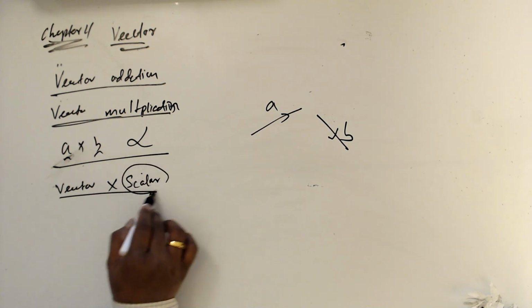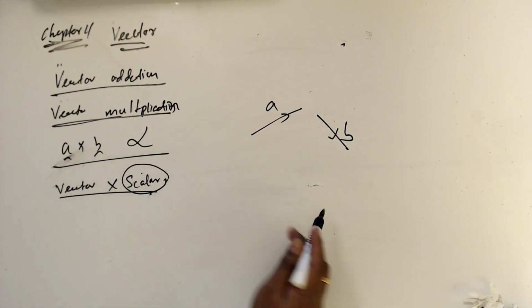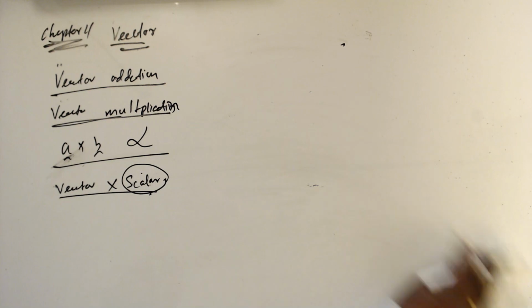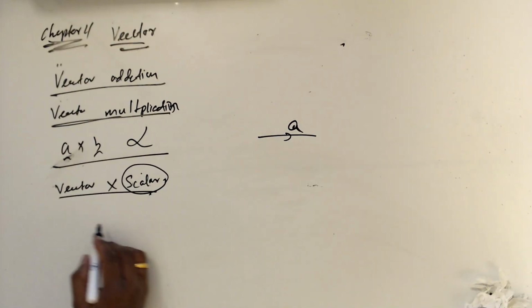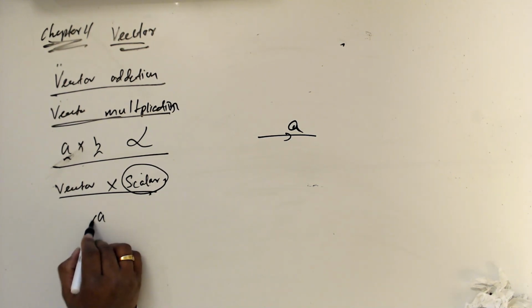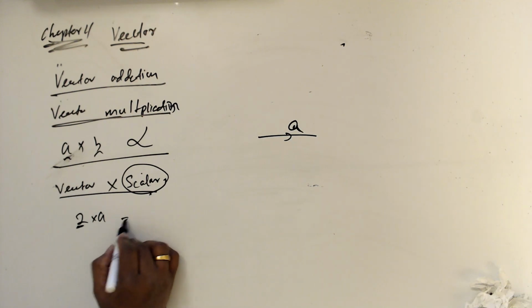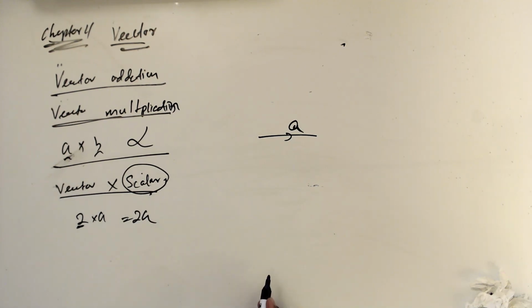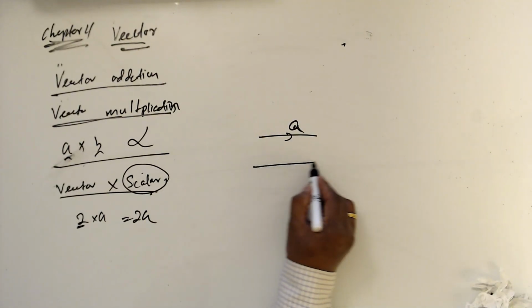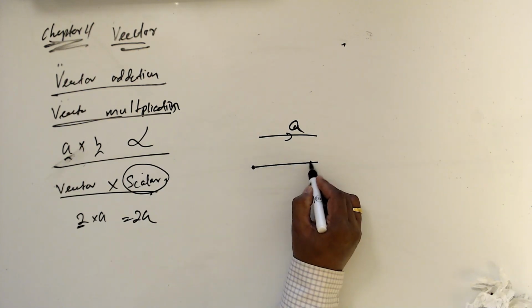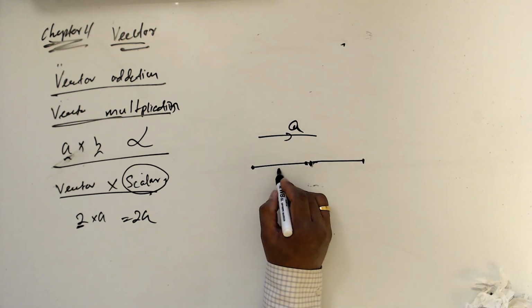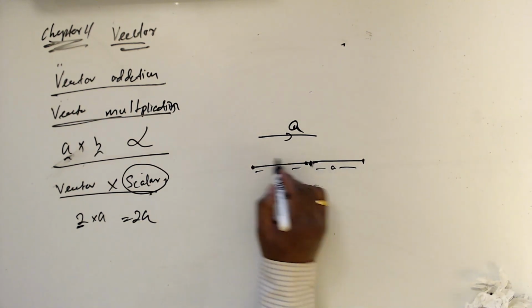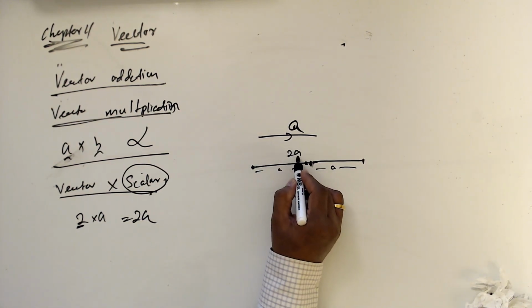Scalar means a number. Assume we have a vector A. I multiply this vector A by the number 2, so this becomes 2A. What is the meaning of that? You are making this vector another A. So this is also A, this is also A. So what is this vector? 2A.